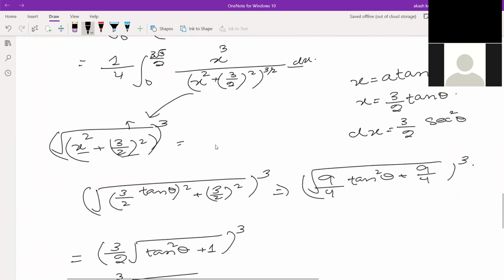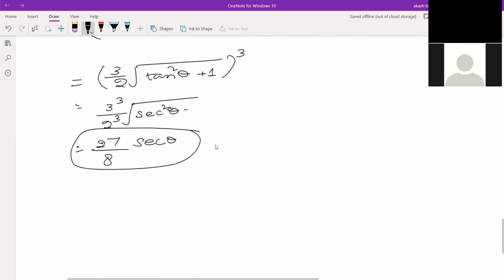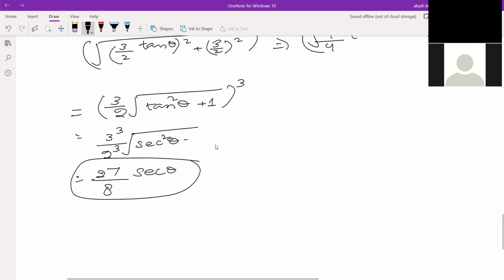Let's substitute these values. We have power 3 over sec square theta, because we applied power over cube root over these three, over 3 over 2, but we have to apply it over tan square theta plus 1 as well. So it becomes sec cube theta.